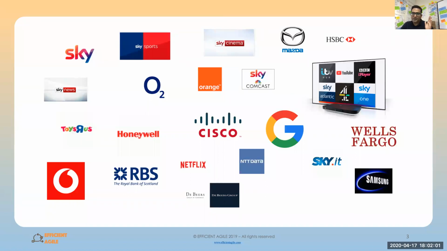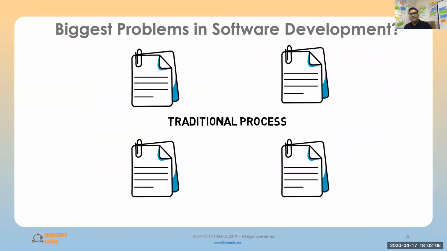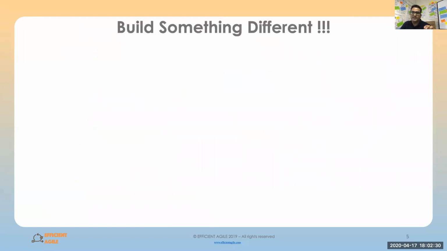So today, the topic is about user stories and BDD. Let's look at one of the biggest problems in software development. We know the traditional process has been there for quite some time, but one of the biggest problems is the documentation. Do you all agree with that? It's the documentation that talks about what we want. It's the requirements. But what happens in most of the cases?